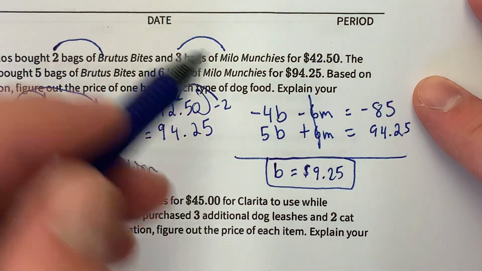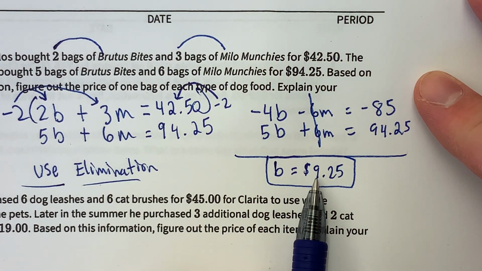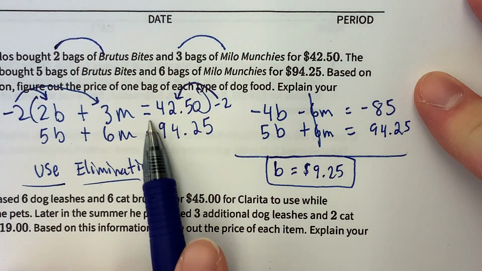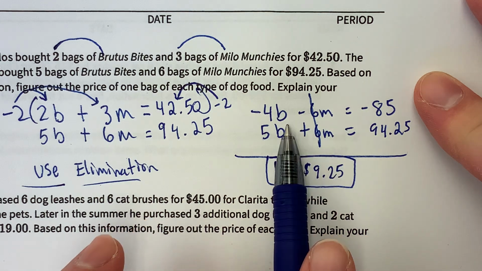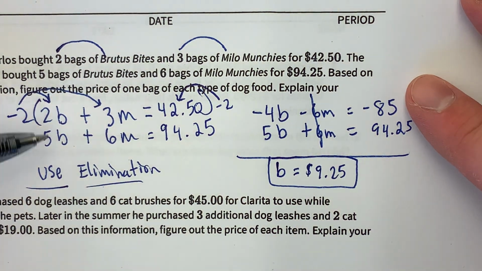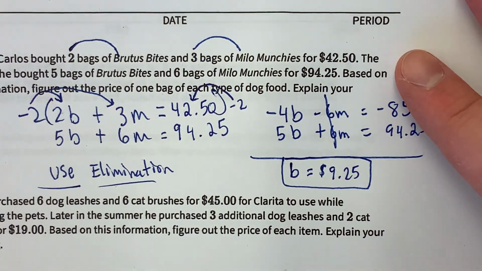Well, you take the Brutus, $9.25, and you get to plug it in. You can plug it into the top, the bottom, or the new one. Whatever. I'll go top. All right.